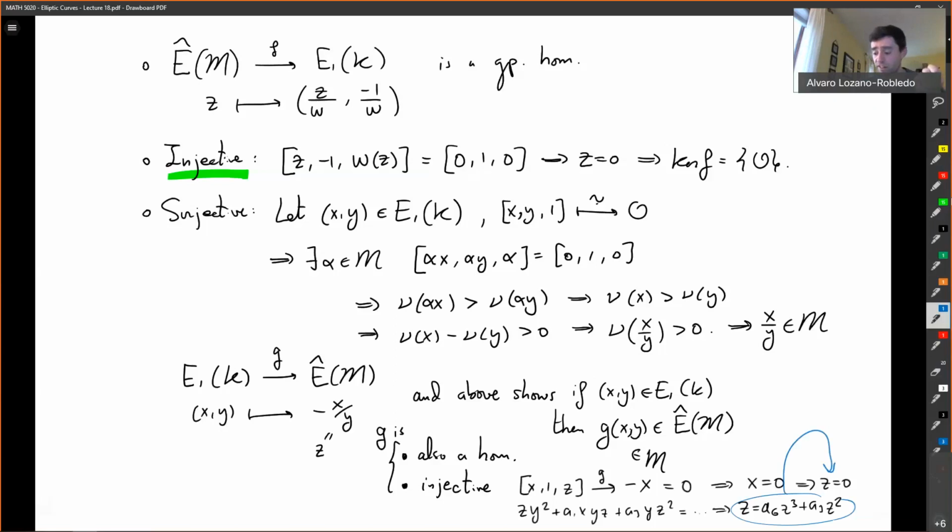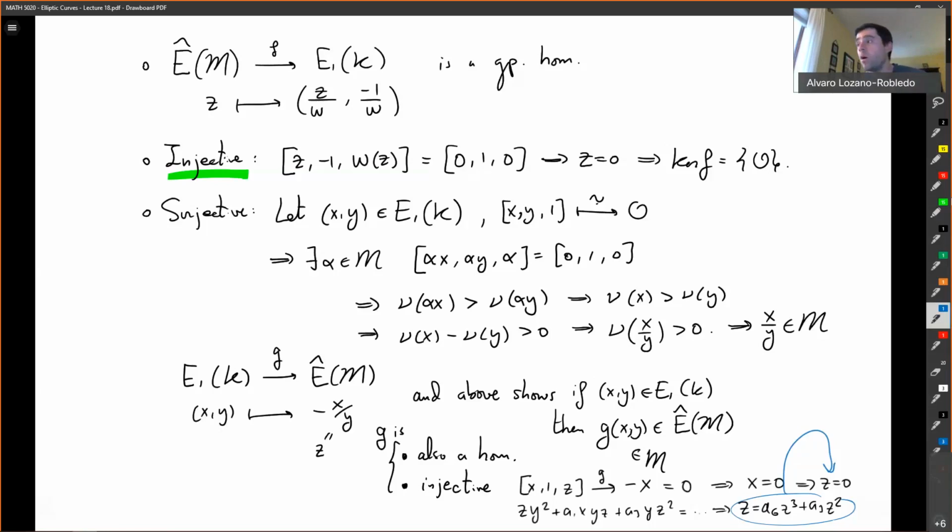Because if z wasn't 0, just look at the valuation of z. z is an integer in the local field, and the valuation of z would be equal to the valuation of z squared. Therefore, the valuation of z equals twice the valuation of z. Since z is in the maximal ideal, the valuation is positive, and the only positive number such that the valuation of z equals twice the valuation of z has to be infinity. So z is 0. Okay.